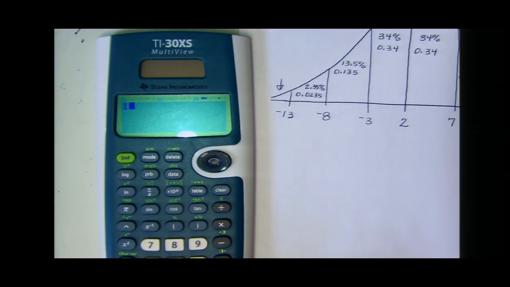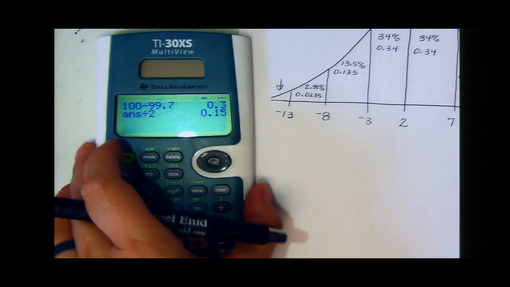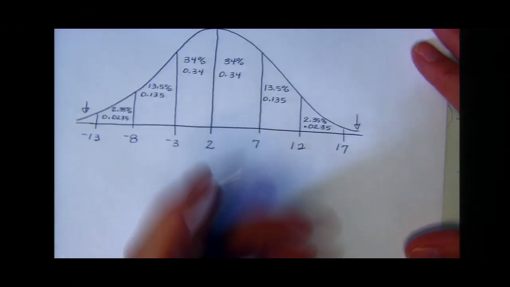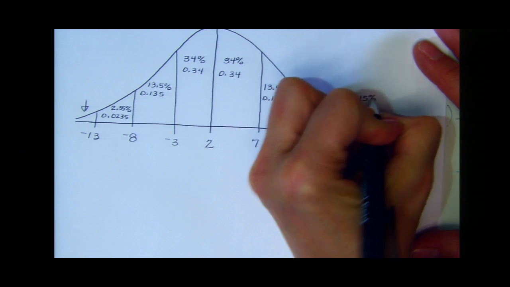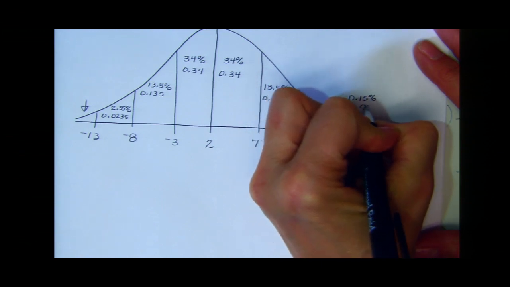So I'm going to do 100 minus 99.7. So my two tails are 0.3, and if it's symmetrical, I'll divide that by 2, so it's 0.15%. So my tail is 0.15% or 0.0015.